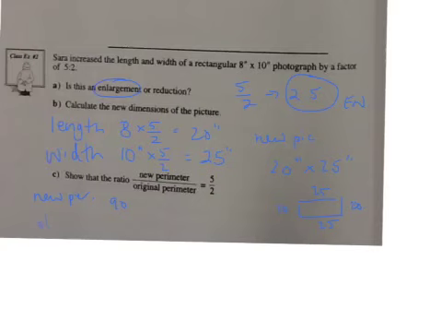And the old was an 8x10, so if we add up all these, you'll get 36. So if we do 90/36, we'll get the same scale factor. These are the same, so we're all good.